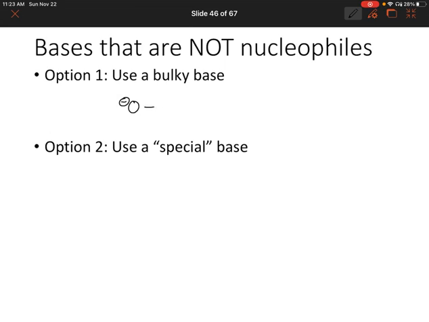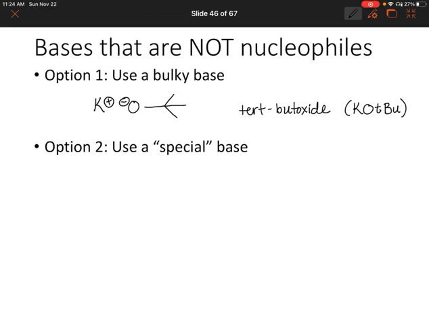We actually saw this in the last lecture. And then typically there's a potassium ion that balances the charge on this base. So we can abbreviate this as KOtBu, so potassium tert butoxide.